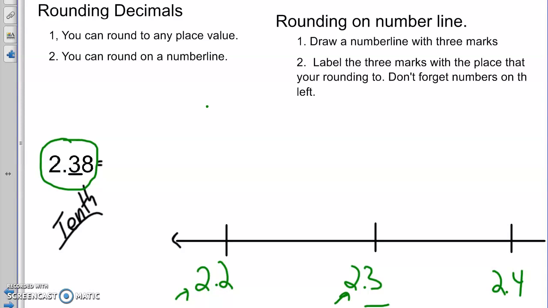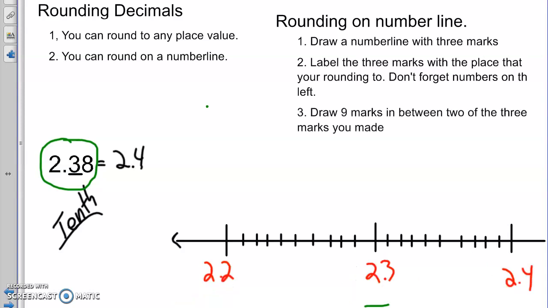Copy that down, please. The next step, step 3, is to draw 9 marks in between 2 of the 3 marks you made. We're going to draw those marks in right here. You can see that I did that. If you count them, there are 1, 2, 3, 4, 5, 6, 7, 8, 9. This is the 10th one, which moves us to the next place up.